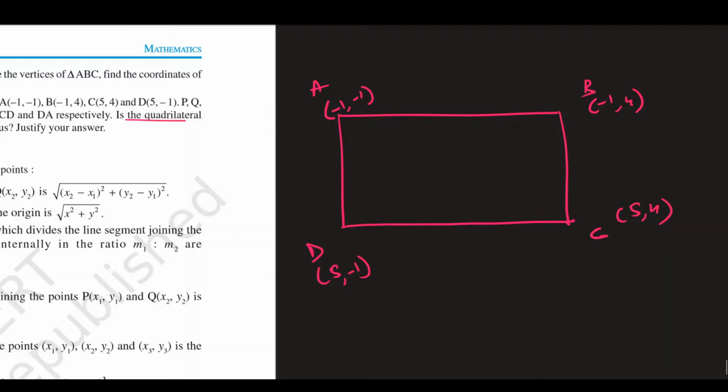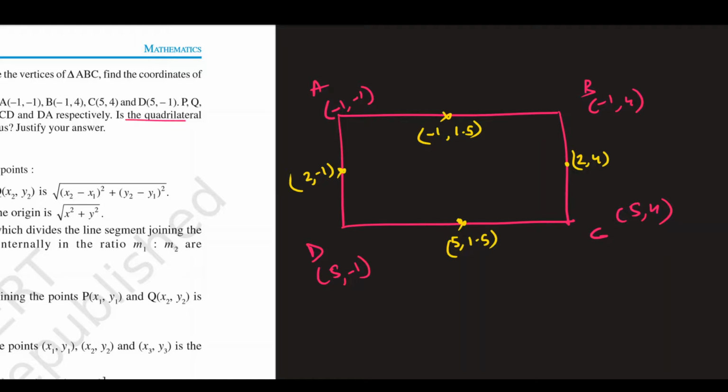So what we have to do is find these coordinates. I am marking this point. So 2 comma 4, 5 comma 1.5, and this coordinate is 2 comma -1.